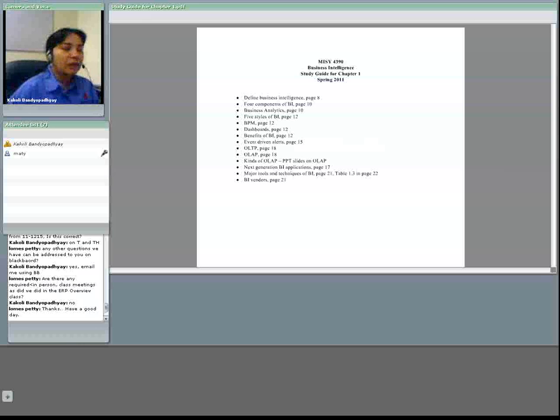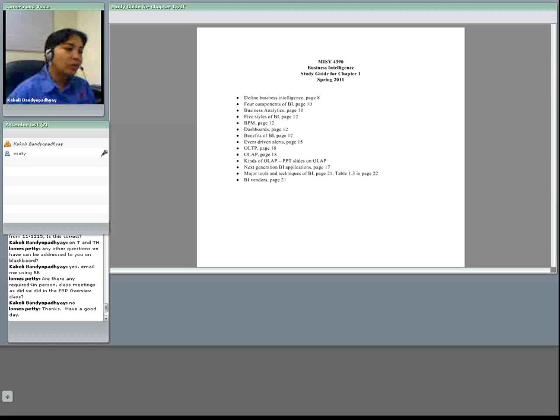In chapter 1, the important points which you have to study, which you have to know about, are how to define business intelligence, what are the four components of business intelligence, what are the 5 styles of BI, then you need to know what is business analytics, what is business performance management, what is a dashboard, what are some of the benefits of BI, what is an event driven alert.